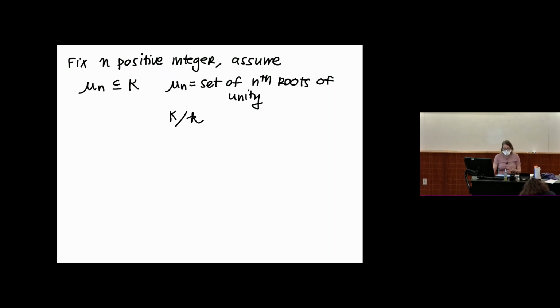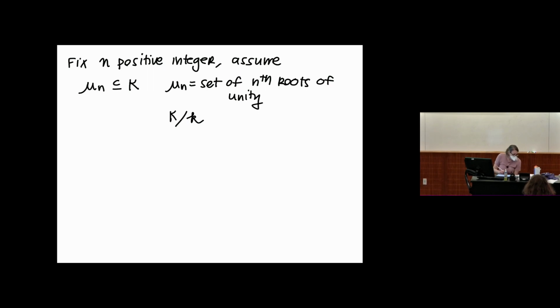For example, if you were thinking of little k being Q, then you wouldn't be able to do Kummer theory for more than n equal to 1 and 2 over Q. If you wanted a higher n, you would have to pass to some extension that has the roots of unity in there for things to work.